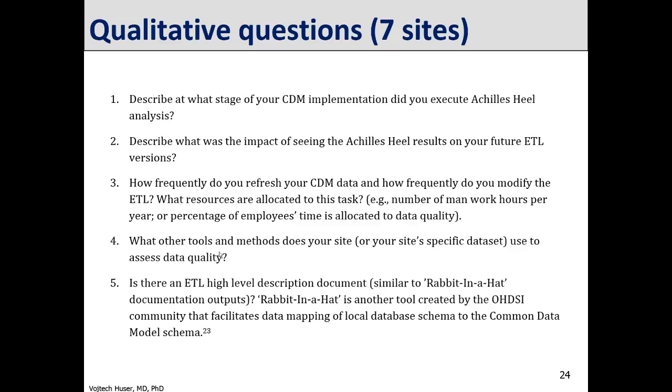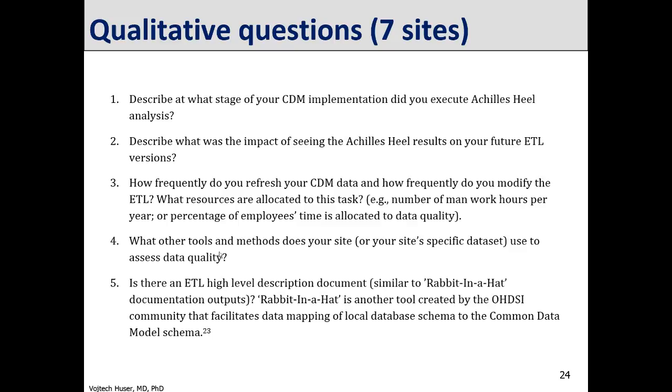These were the 5 data quality questions we asked the 7 sites, such as when did you execute Achilles Heel? Our goal was to get Achilles Heel outputs after the first transformation, the first initial rendering of the common data model data, not after maybe a year of improving it or iterations.